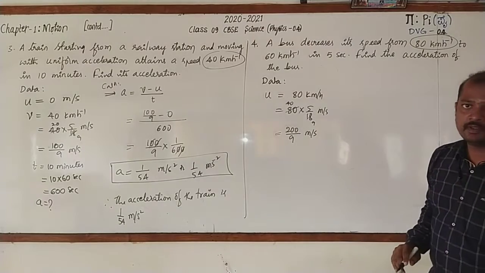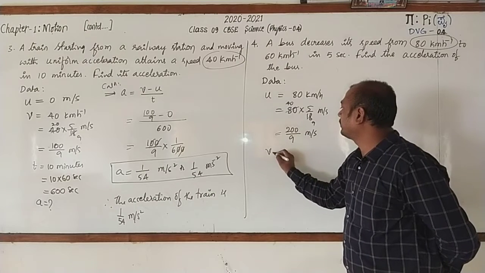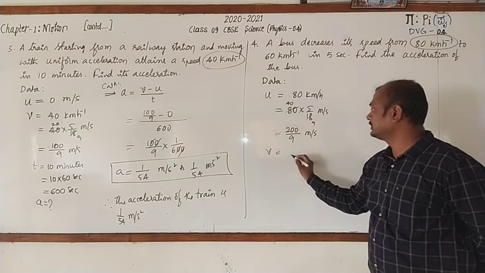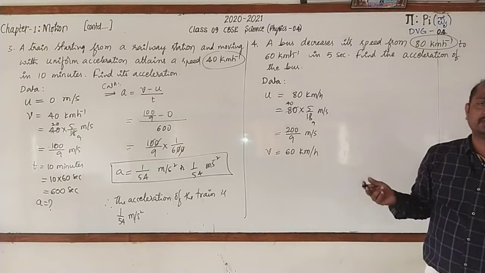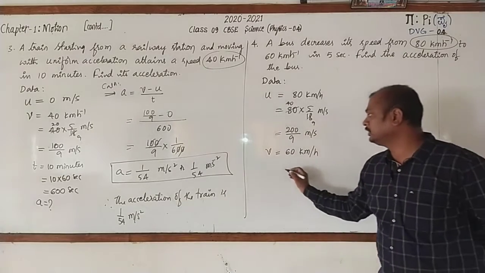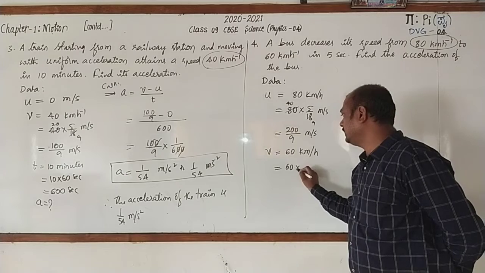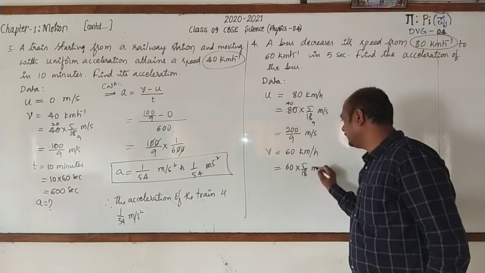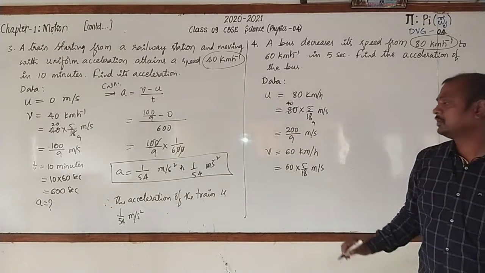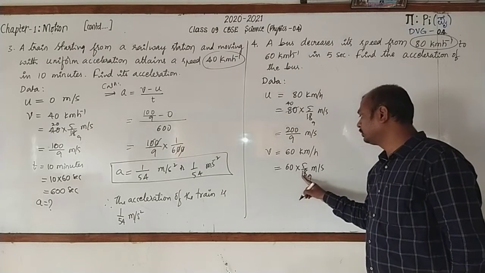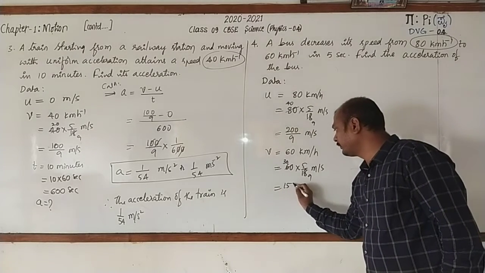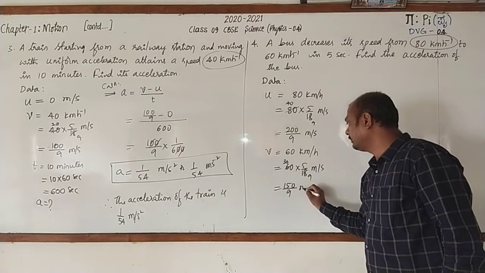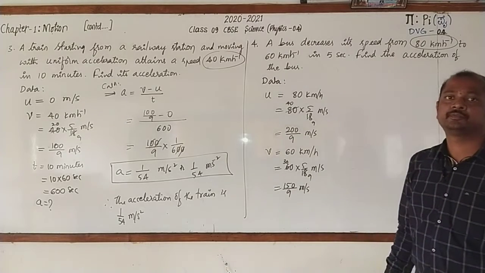Clear? Okay, next. What about the final velocity? It is 60 km per hour. So this is also not in SI unit. Convert this into meter per second. 60 into again 5 by 18 meter per second. Cancel by 2. 2 9s are 18. 30s are 35s are 150 by 9 meter per second.